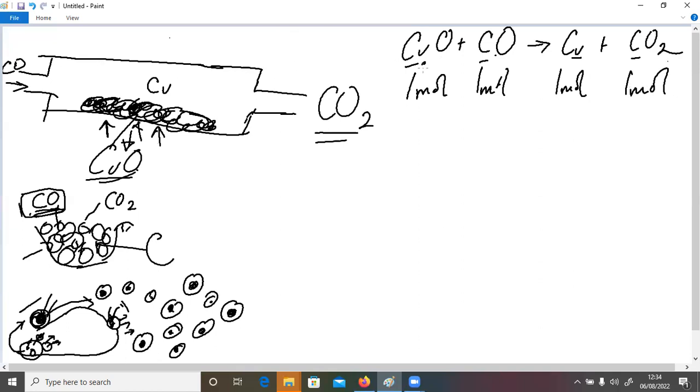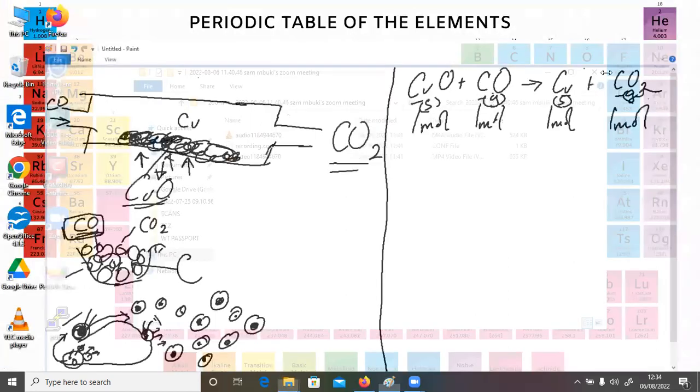State symbols: this is a solid, this is a gas, this is a solid, this is a gas. So state symbols and balanced equations are very important. To avoid confusion, I like to work with simple values.